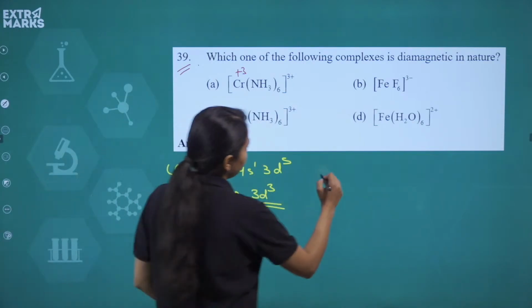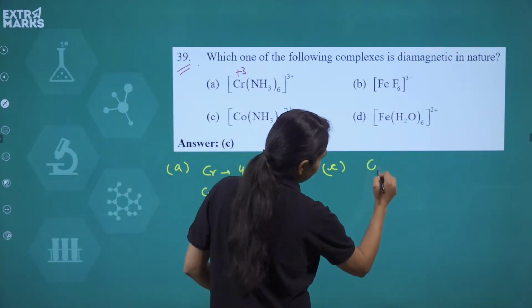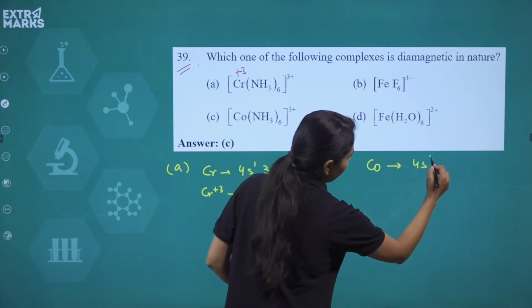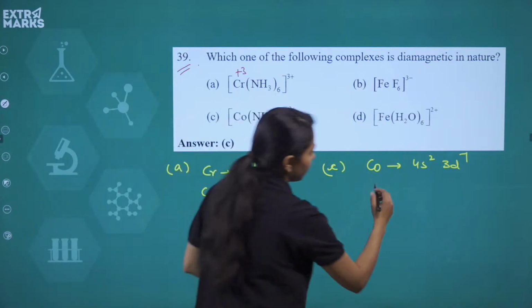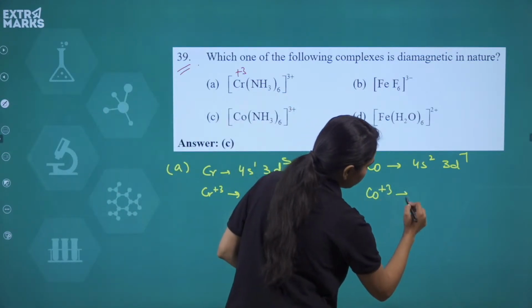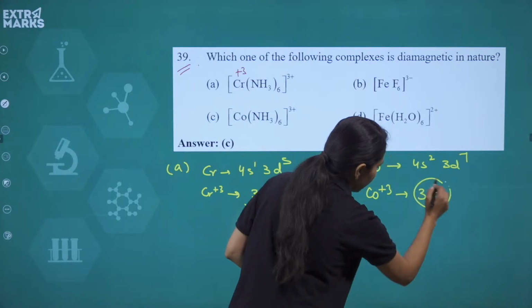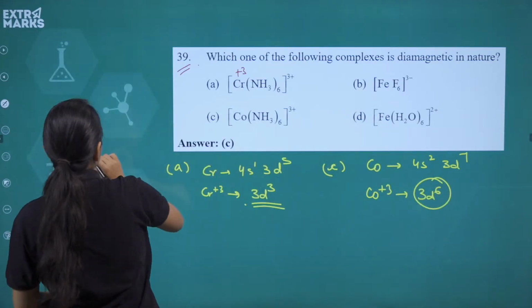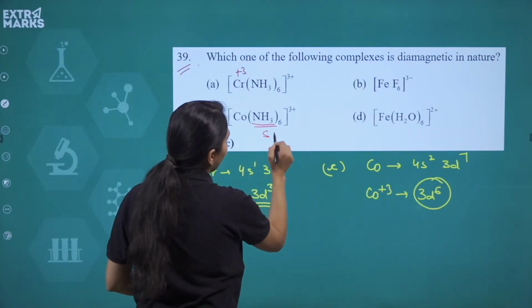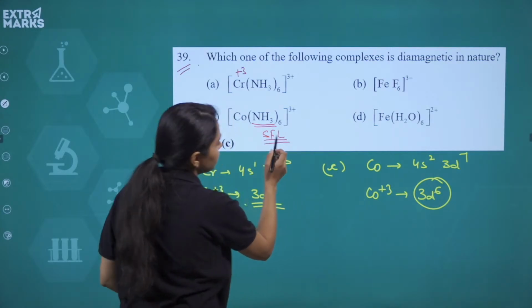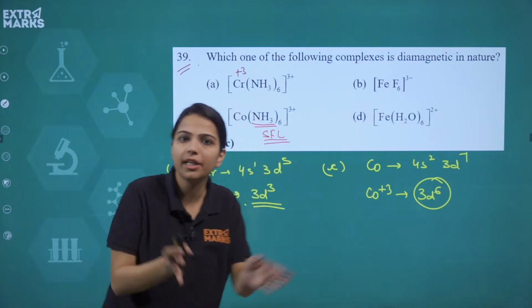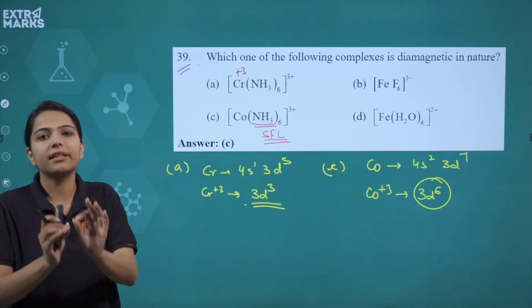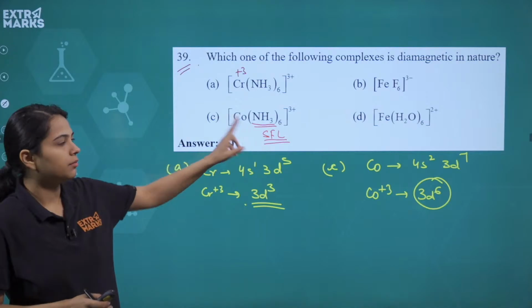Now talking about the C option, cobalt basically has the electronic configuration 4s2 3d7. So cobalt in +3 oxidation state will have 3d6. Also this is a strong field ligand, therefore it causes pairing of the electrons, and hence all these 6 electrons will be paired to each other and now we have a diamagnetic molecule here.